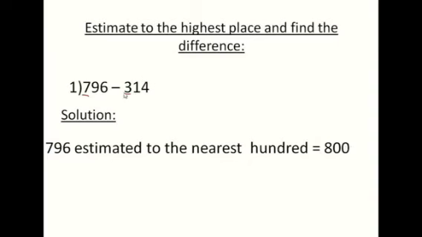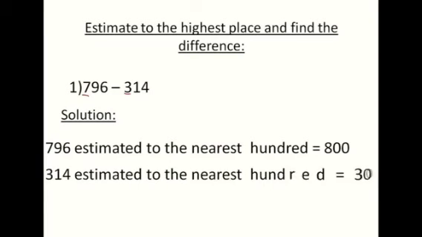Now calculate for 314. Here in the tens place, who is there? 1. It is less than 5. So what will happen? 3 will be unchanged. 1 and 4 will be replaced by 0. So write: 314 estimated to the nearest 100 place as 300. Is it clear to you?